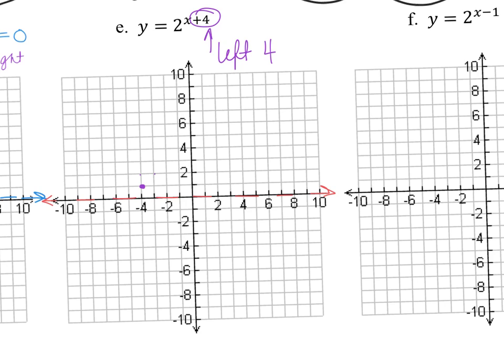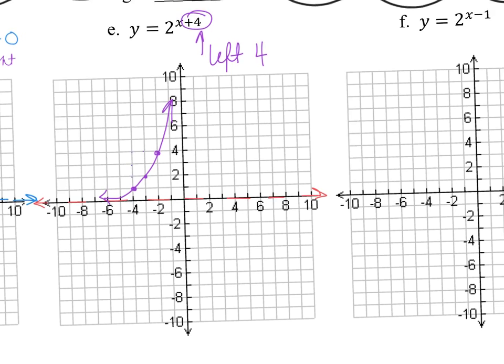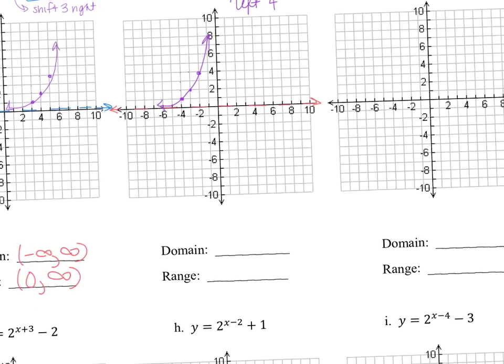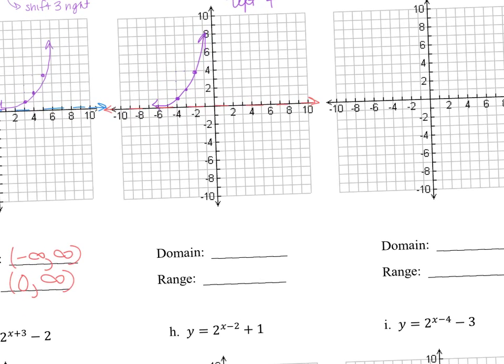Then I'm going to go up 1 over 1 and up 3 over 2. And here is your graph. Now, domain should be copy and paste. It's -infinity to infinity. And then your range is where your horizontal asymptote starts, so it's 0 to infinity.